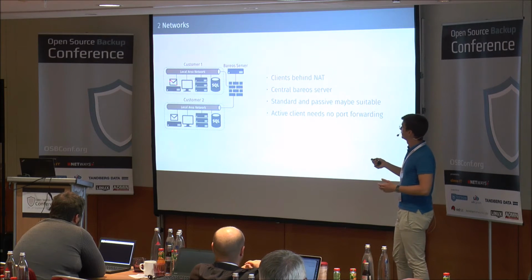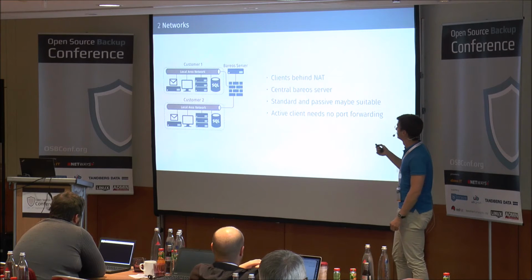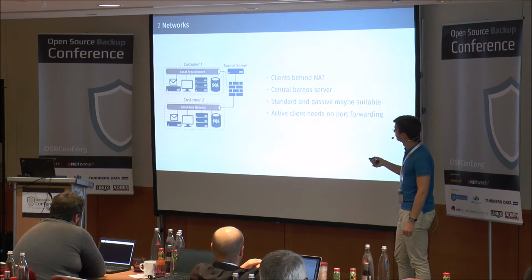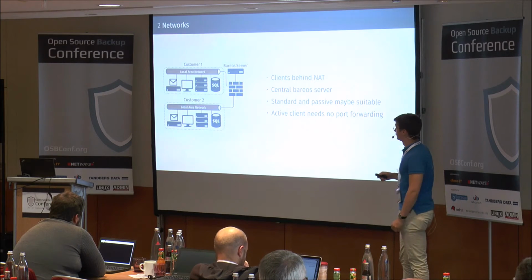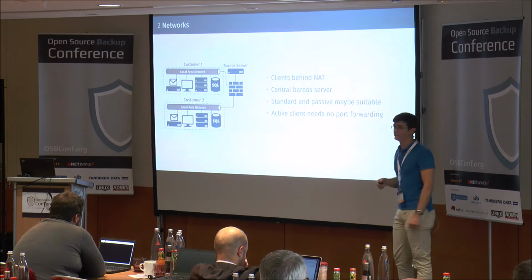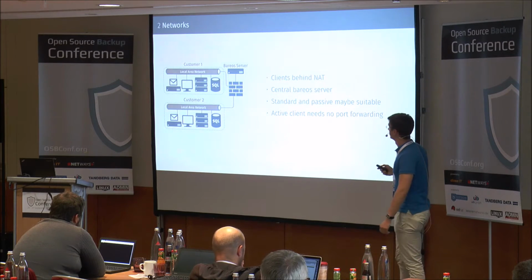So for this exact setup, to reach from the Bareos server to the clients, to the Bareos file daemons, you would need 4 port forwardings for this and 4 port forwardings for this network. With the active client, you don't need any port forwardings because the client is initiating the connection to the Bareos server.